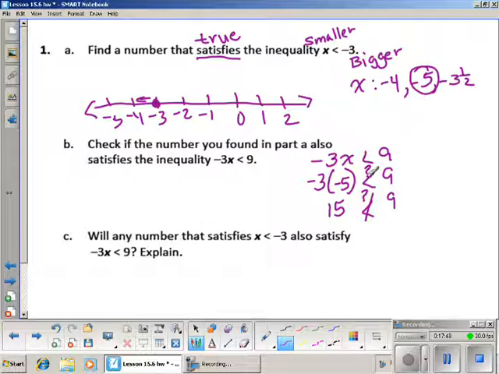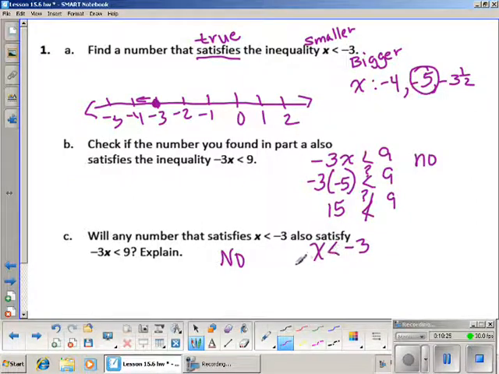Then it says, will any number that satisfies x is less than -3 also satisfy -3x being less than 9? And explain. Well, I don't think that there's any number we can choose, because think about it, guys. This is like me multiplying each side by -3.